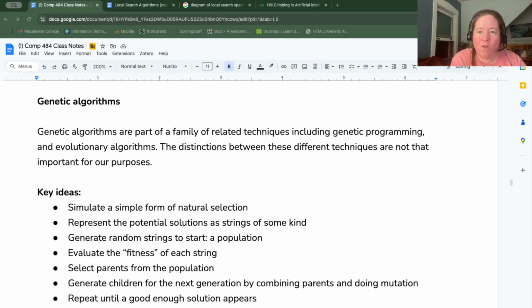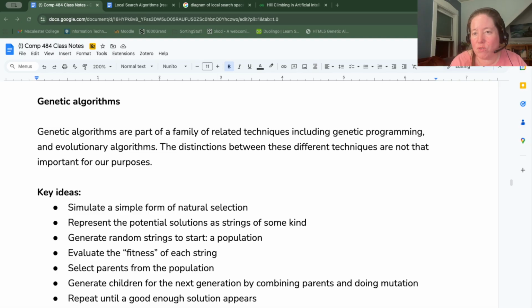All right, so there's a whole family of related techniques here. They go by different names. So genetic algorithms is one, genetic programming is another, evolutionary programming, evolutionary algorithms. There's a whole family of approaches. They have distinctions. In genetic programming, often the representation of the problem or the state is actually code in some form or other.